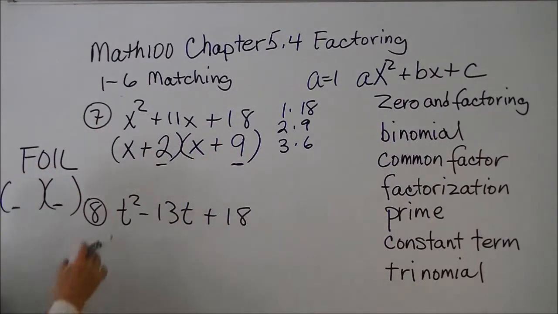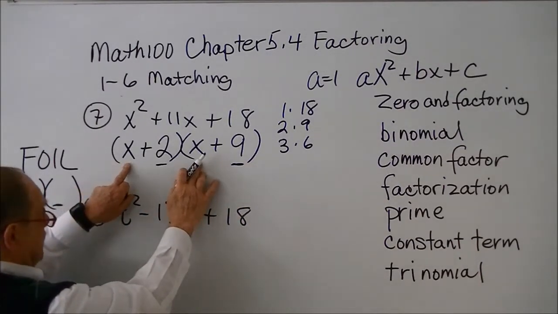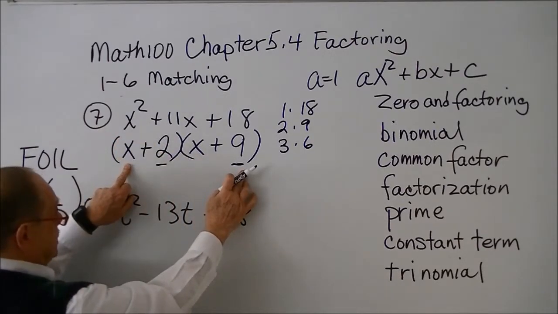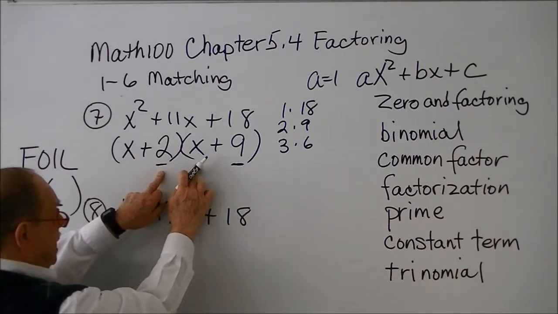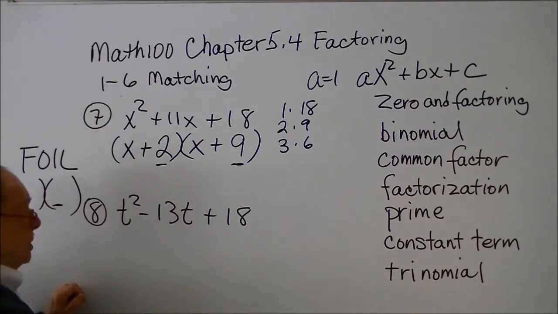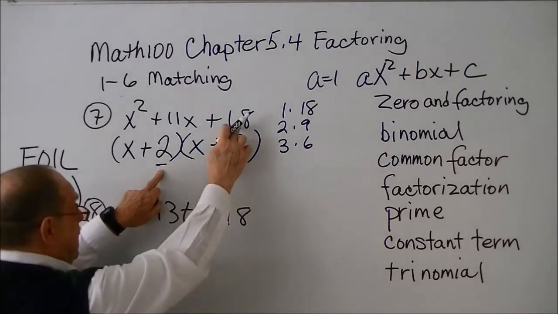And now if we FOIL this, let's do it together. First, x squared. Outers, 9x. Inners, 2x. Add them together. You get an 11x. That's what we want. And then multiply our last two, and we get 18.